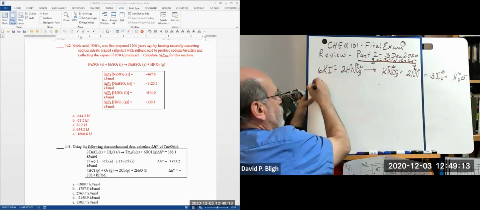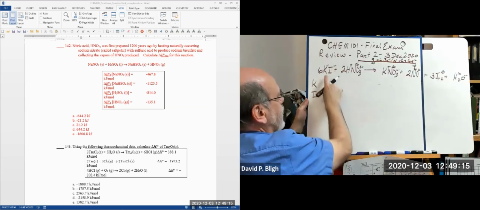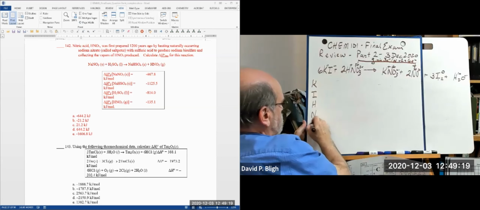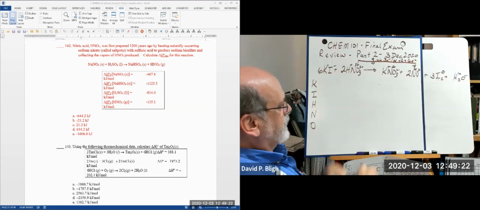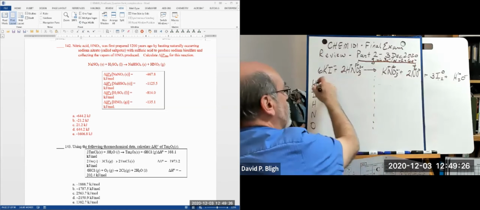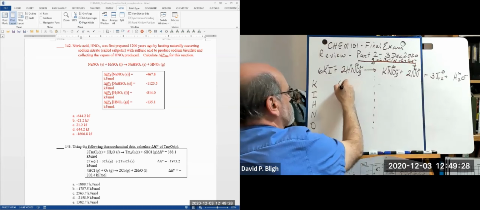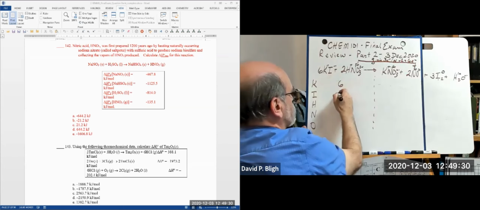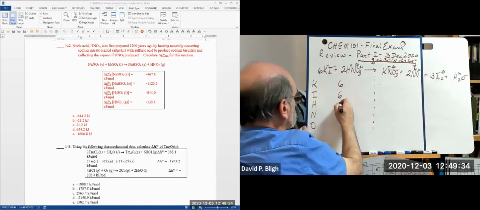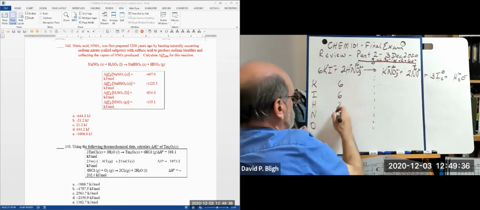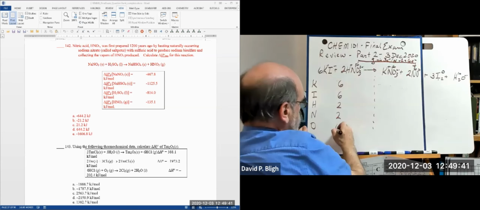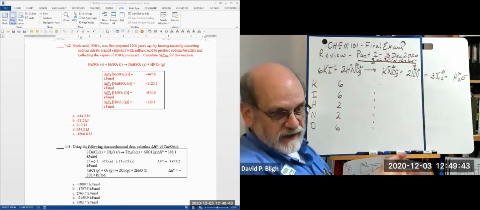So we just start off with potassium, iodine, hydrogen, nitrogen, and oxygen. And then we set up our budget. On this side, we have 6 potassiums, 6 iodine, 2 hydrogens, 2 nitrogens, and 6 oxygens. Okay, it's our beginning position.